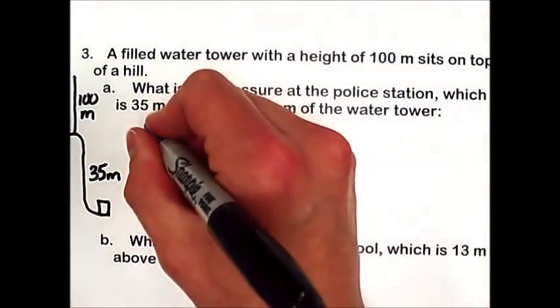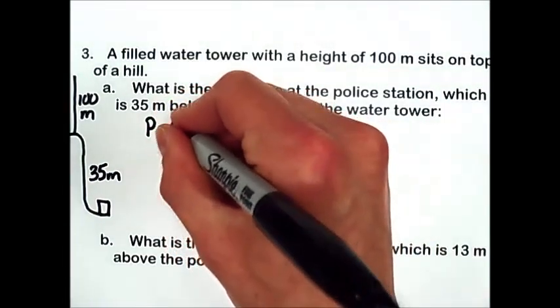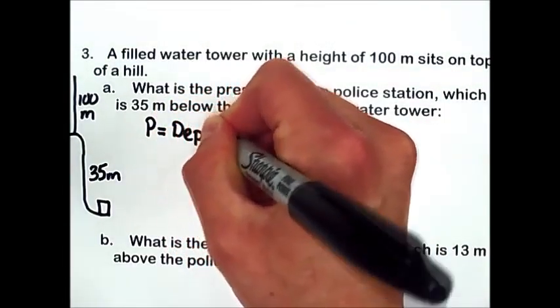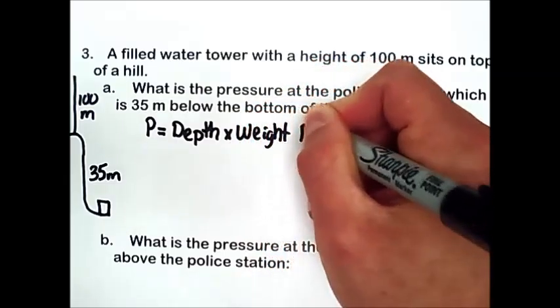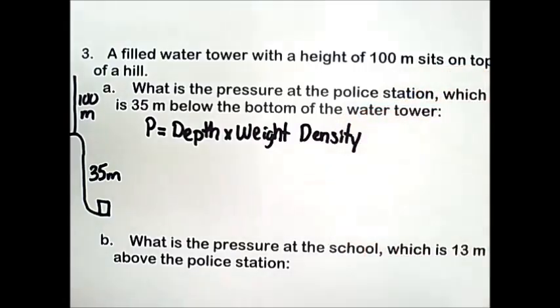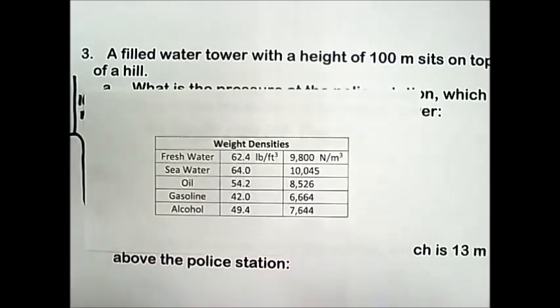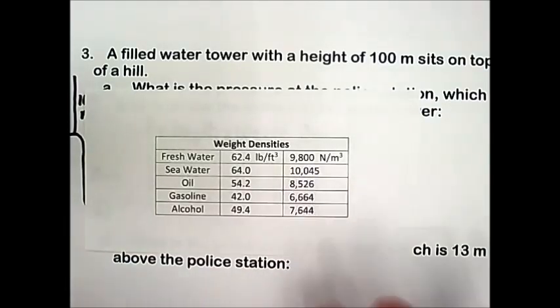Again, we are trying to find the pressure at the police station, which is equal to the depth multiplied by the weight density of fresh water this time, because we're looking at a water tower. The weight density of fresh water in metric units is 9,800 newtons per cubic meter.